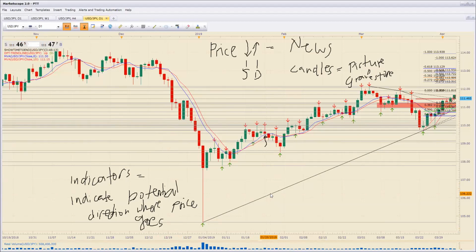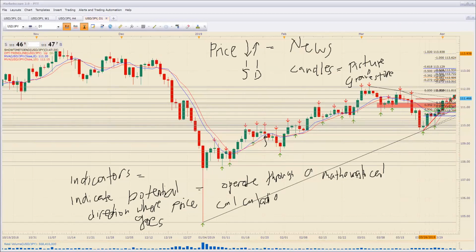So if it's an indication of the potential direction of price, the question is, how do they operate? They operate through mathematical calculation using price.